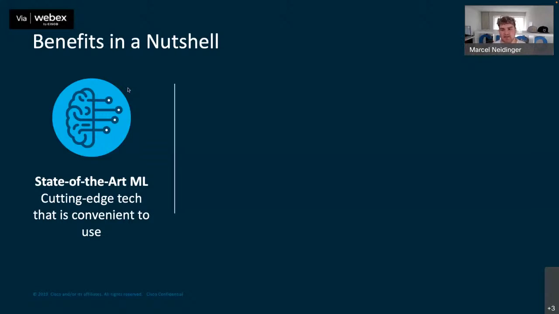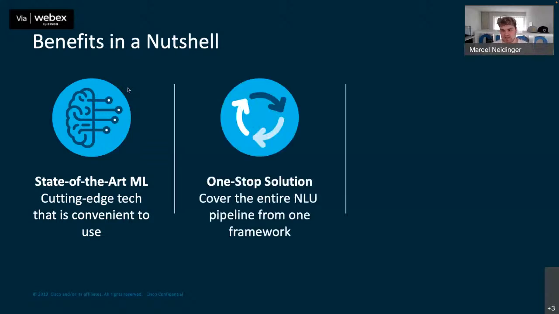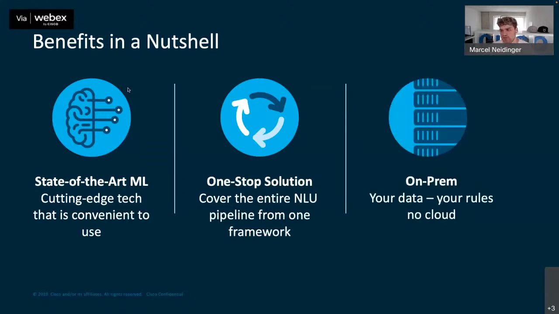So we use MindMeld for that. And that's where the drive comes from. It is a one-stop solution. So you can see we covered the entire natural language understanding pipeline in one framework. And it is on-premise deployable. So your data, your rules, there is no cloud. You're not sending the requests anywhere you don't want to.